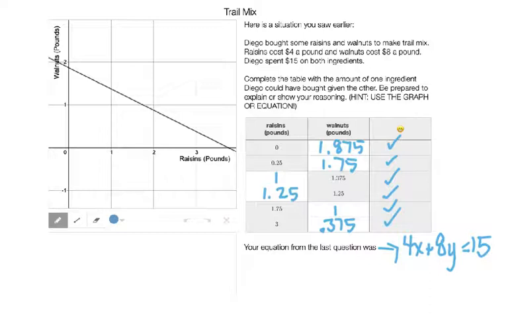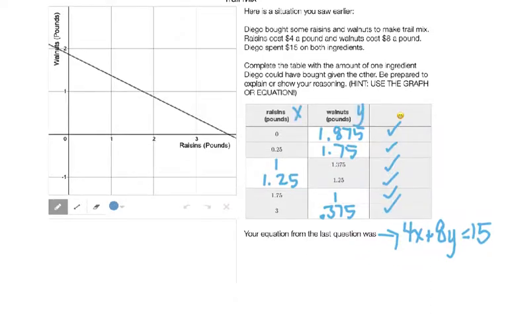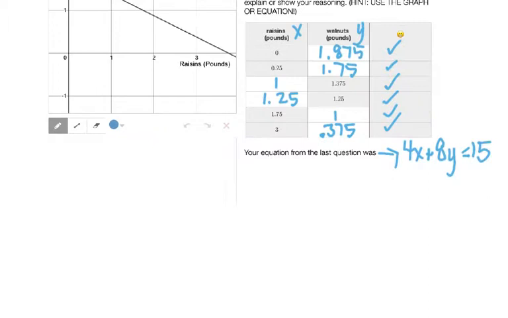But you could also take, if we know that raisins is X and walnuts is Y, I could also go in and substitute in my equation the values for X and the values for Y, and then solve.